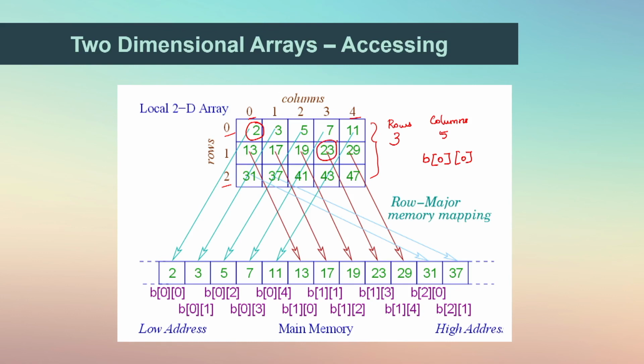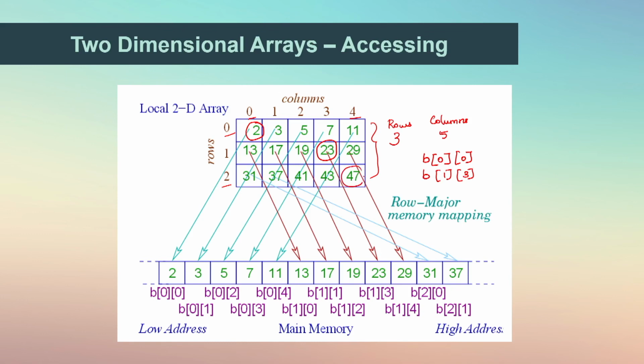Supposing I want to represent this element. What is the row number? Row number is 1, column number is 3. So, we represent this with row number 1 and column number 3. If I want to represent the last element of the array, the last element is going to be 47.